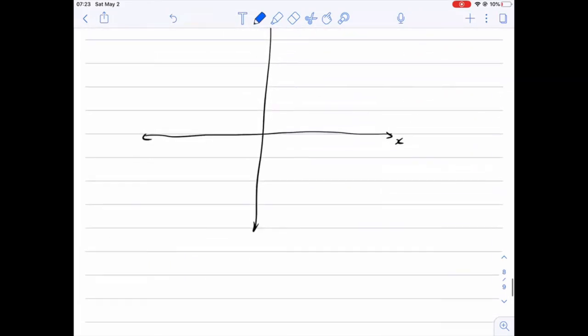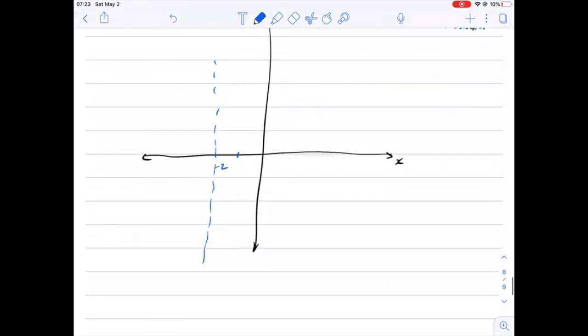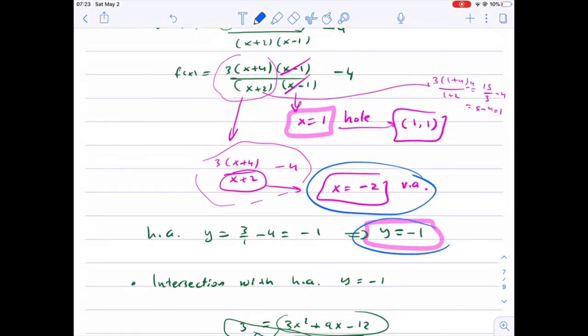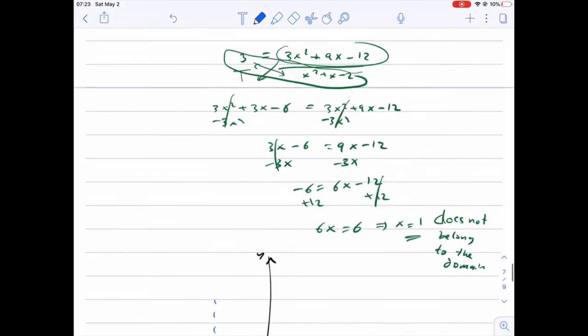So x equals minus 2 is the vertical asymptote. Now what is the horizontal asymptote? The horizontal asymptote is y equals negative 1. So y equals negative 1.